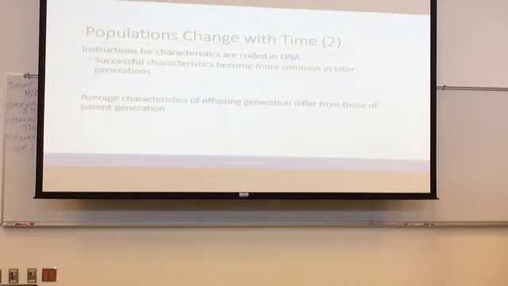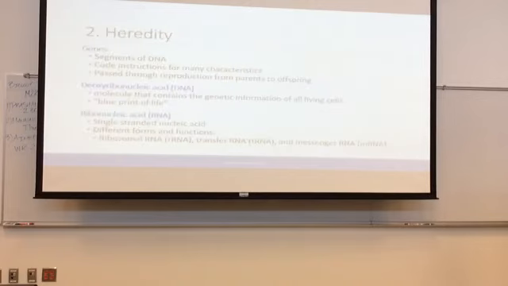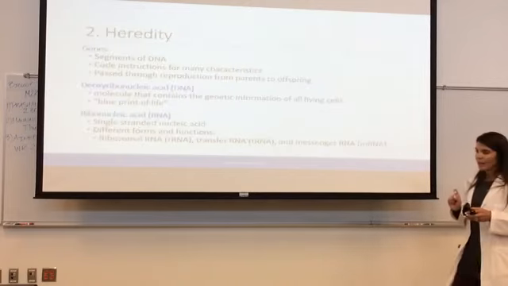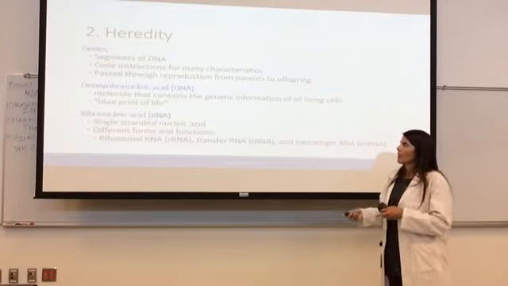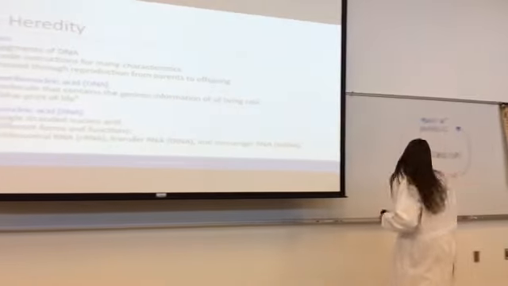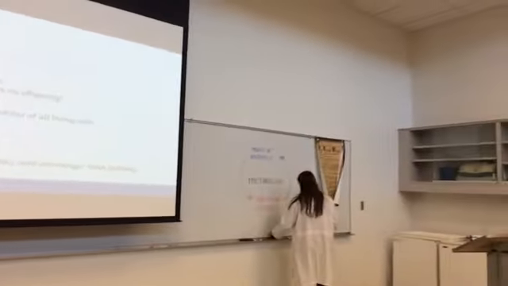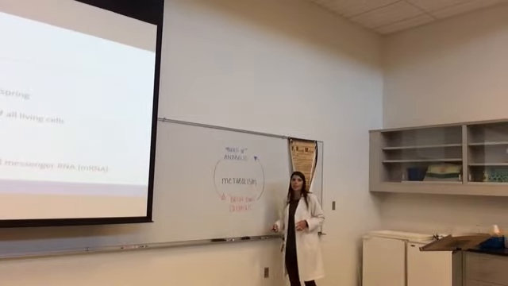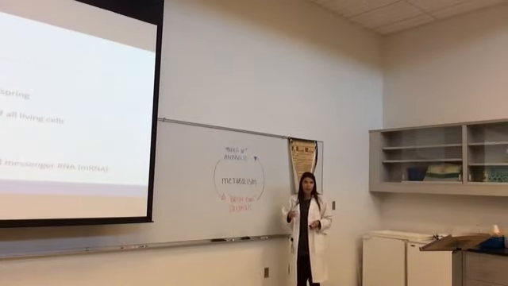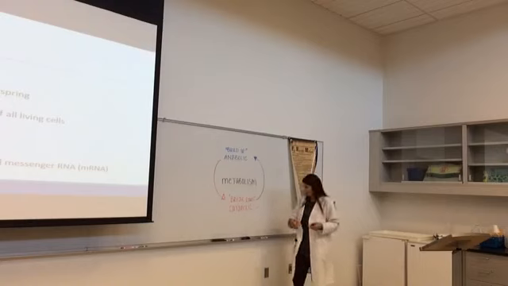And that's what this right here kind of summarizes. Heredity. On this right here, there is something that I do want to point out. I want to use this slide. So heredity is talking about your ability to pass characteristics on from parent to offspring.